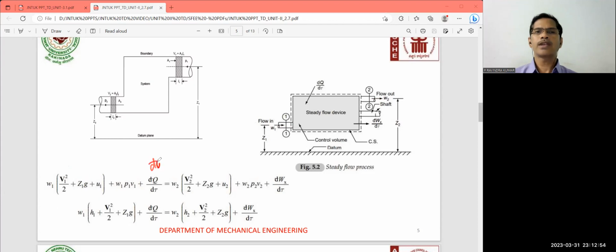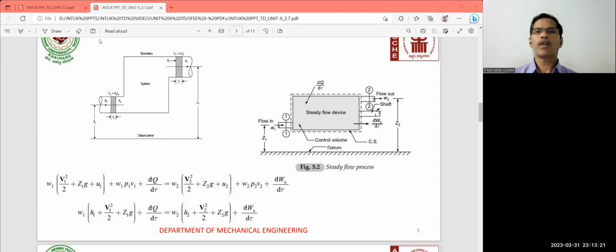This is an inexact differential. It equals, at the outlet side, the mass flow rate times the kinetic energy, potential energy, internal energy, and flow work, plus or minus d bar w by dt, because this is also an inexact differential. This is the expression of the steady flow energy equation.